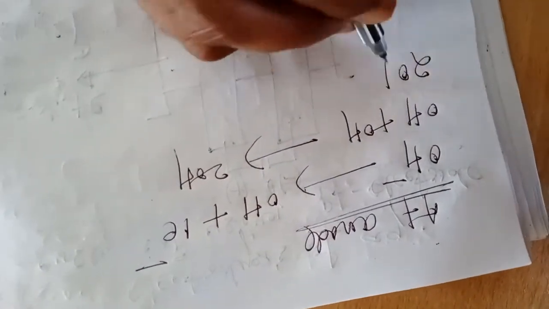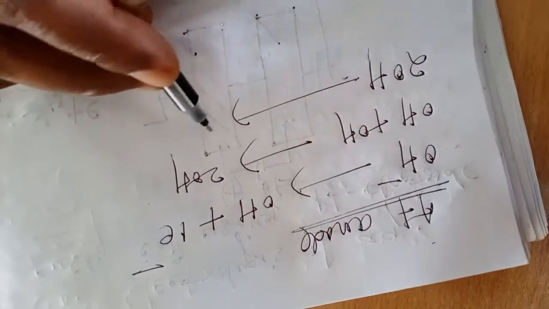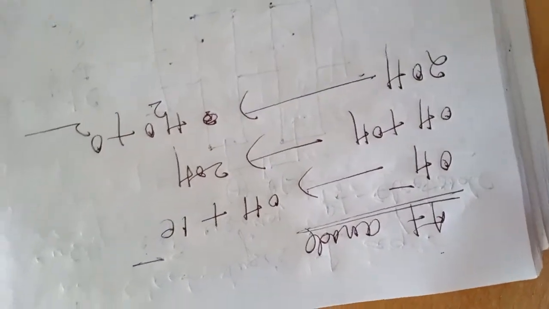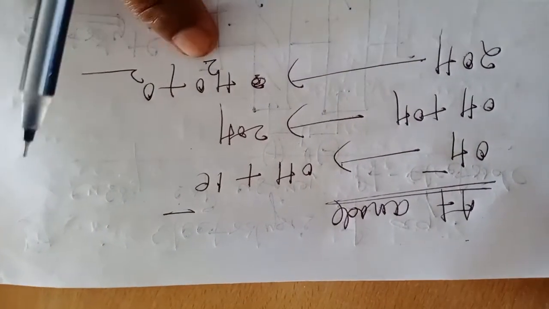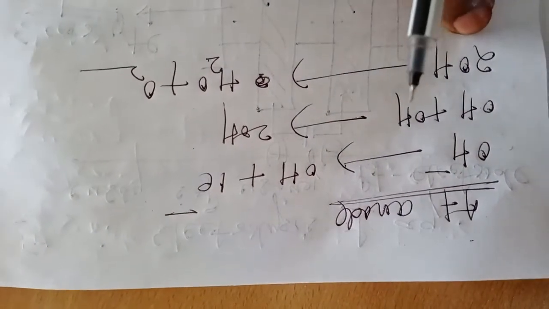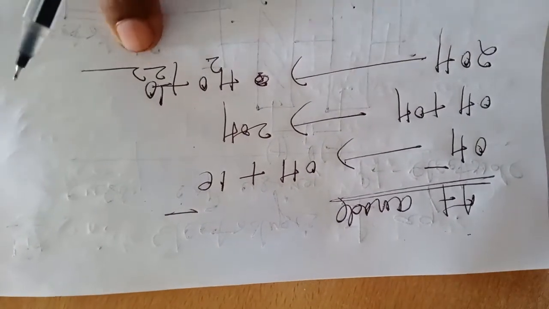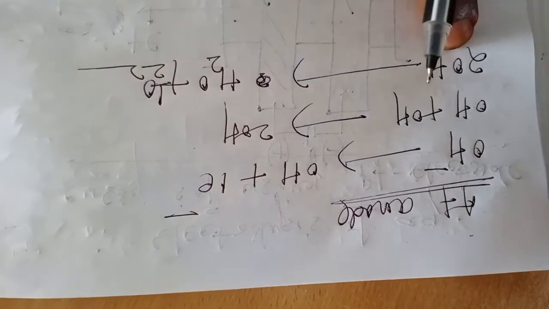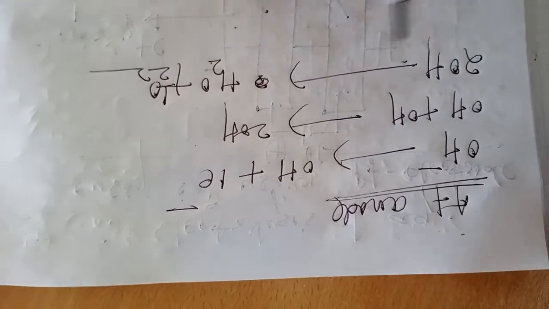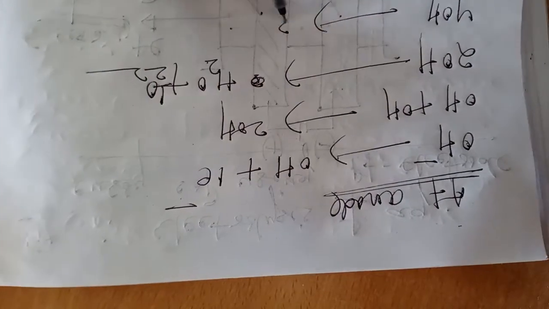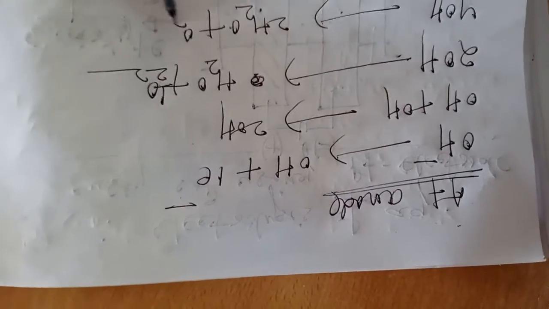This 2 OH gives H2O plus oxygen. Here oxygen is not balanced, so we have to balance it. By balancing we get 4 OH giving 2H2O plus O2.